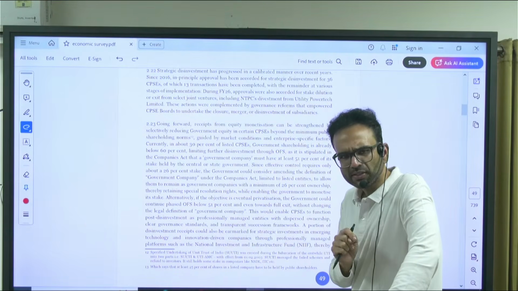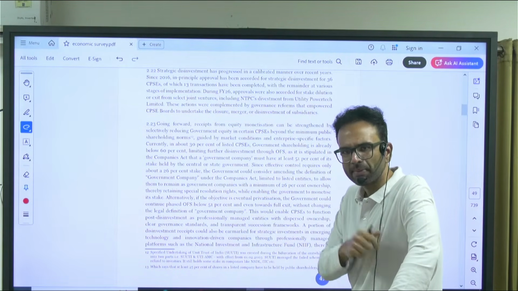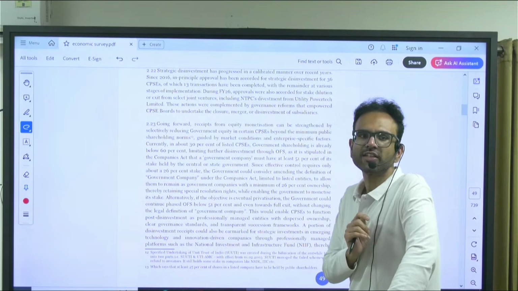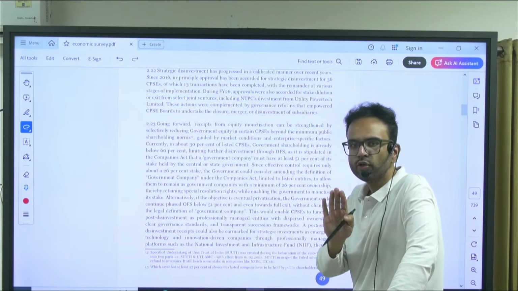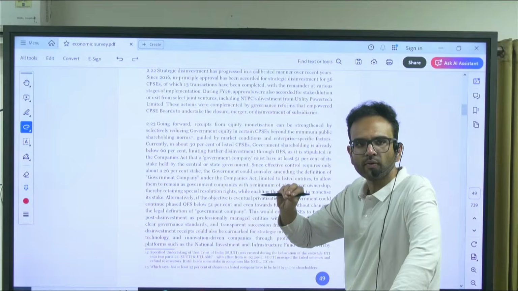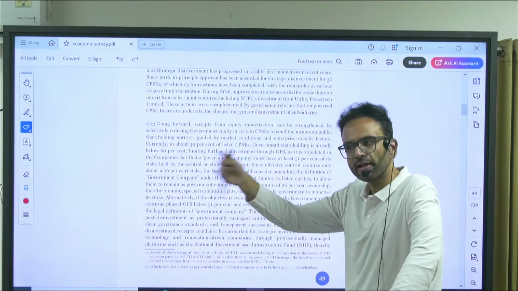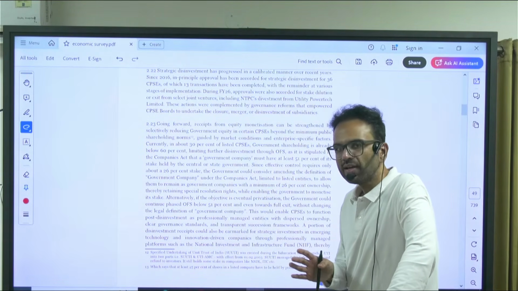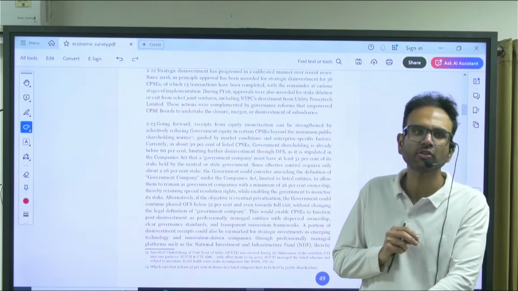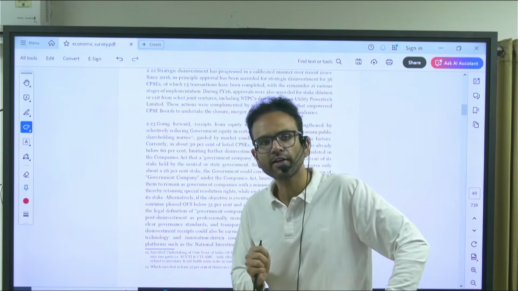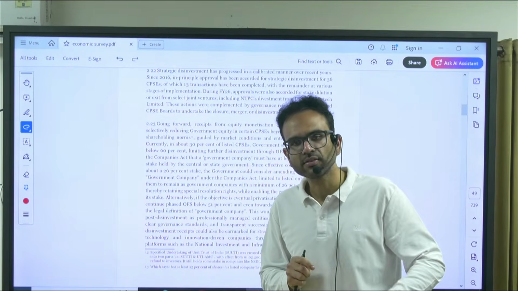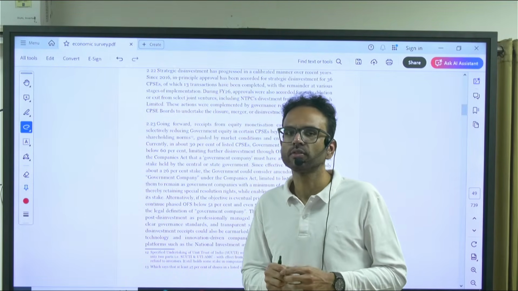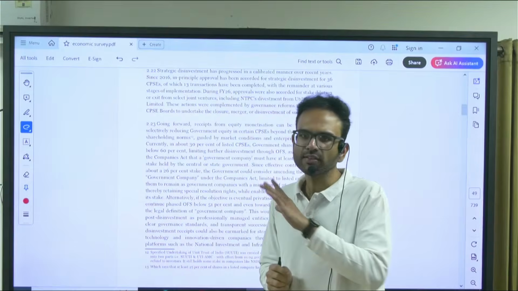If you have 26% ownership in a company, according to the Companies Act, you will have the strategic control. You hand over the practical day-to-day work of administration to the private sector. When some strategic control is supposed to be maintained, the government will enter the picture. That makes our policies even more efficient. This is what the Survey says.